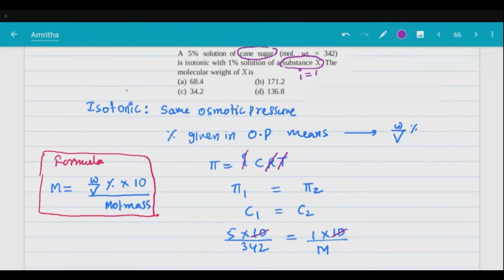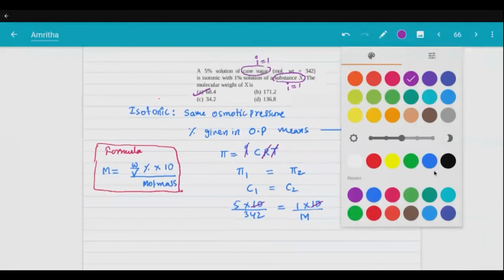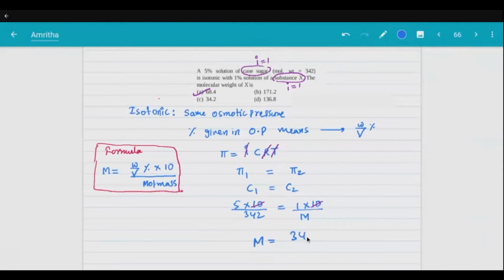Right, 342 by 5, exactly, 68.4. So M is equal to 342 by 5, that is 68.4. That is the molecular weight of the unknown solution.